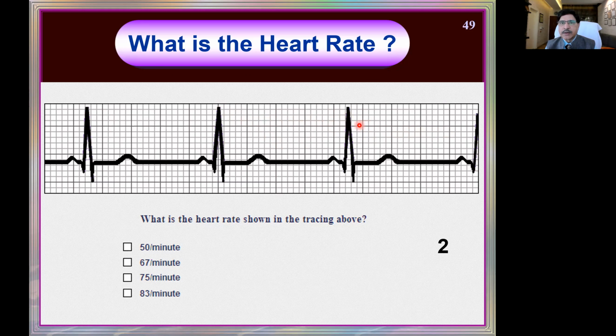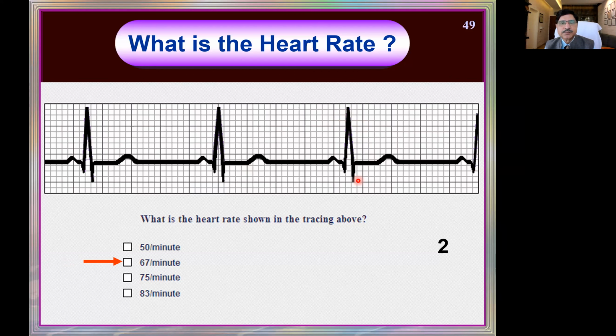So between 0.8 and 1, the 0.8 line we know is 75, and this we know is 60. So the heart rate is somewhere between 75 and 60. Exactly the wave is at mid position. Between 75 and 60, mid position will be 67. What will be the answer in this particular case? 67 is the heart rate.